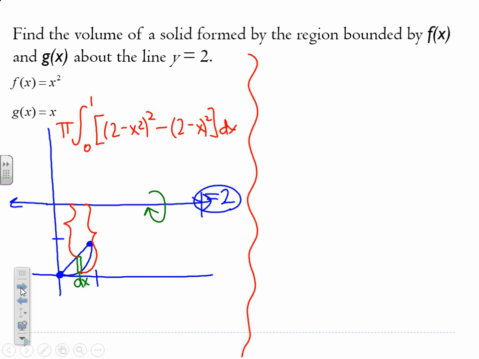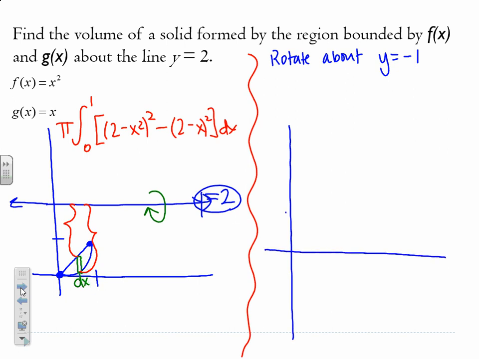Okay, let's take the same region but rotate it about something different. This time we're going to rotate about y equals -1.